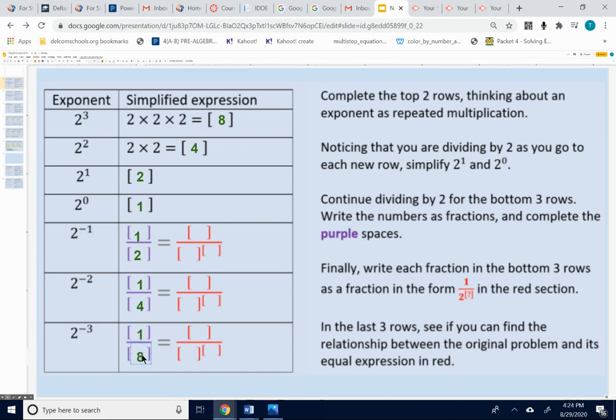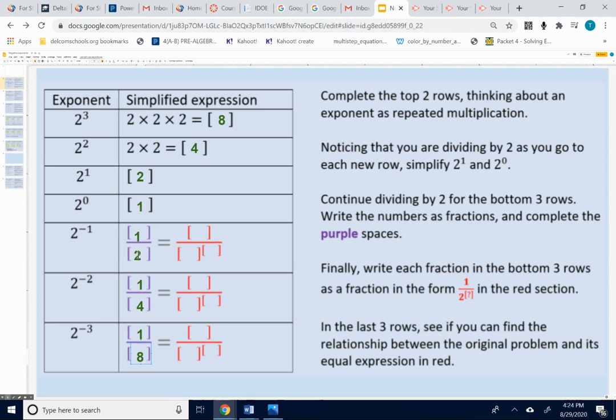The next thing I wanted you to do, after you came up with just the regular answers, is to take the bottom 3 answers and rewrite the denominators of the last 3 rows as a power of 2.